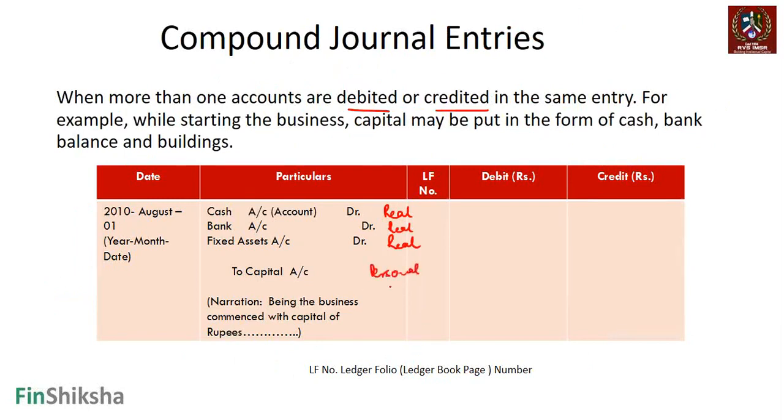So you credit that, being the business commenced with the capital of rupees. So maybe you had put in a capital of 2 lakh rupees, out of which you put in fixed assets worth 1 lakh, you put in 80,000 in the bank, and there's another 20,000 lying idle as cash with the company, right?